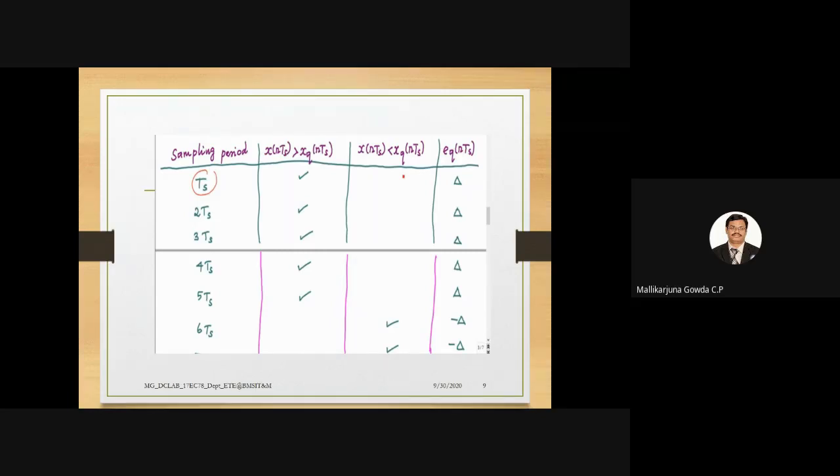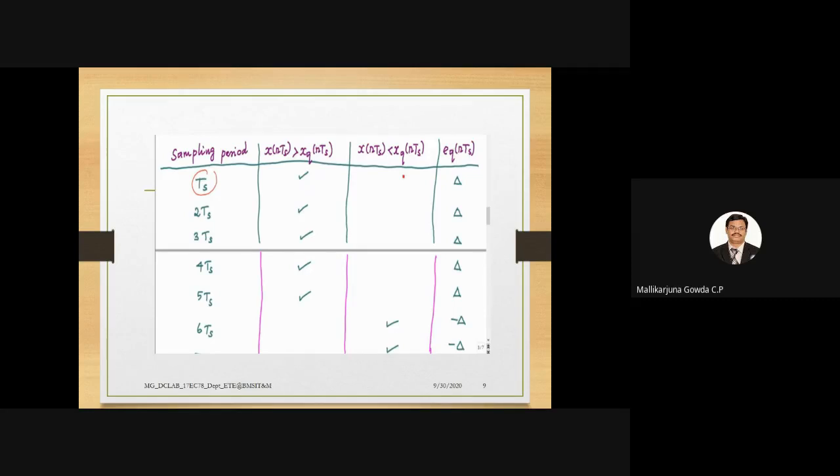I hope this table is clear. Delta, delta, delta, delta only, right? So at 6Ts, what is happening? The value of X of nTs is less than Xq of nTs. So now the comparator output is negative, so it will be decremented by delta. That is why it is written minus delta. Okay?